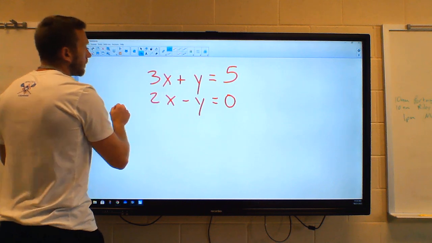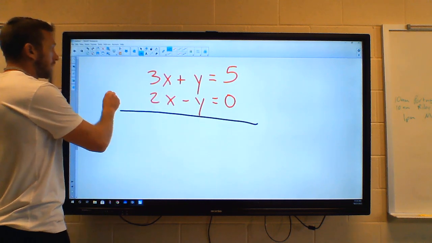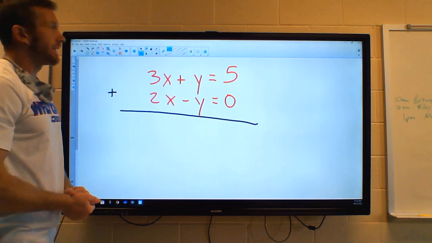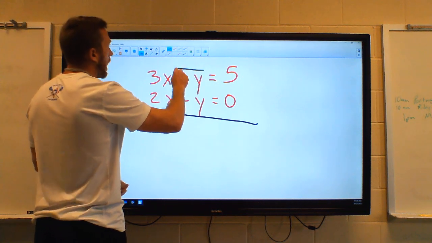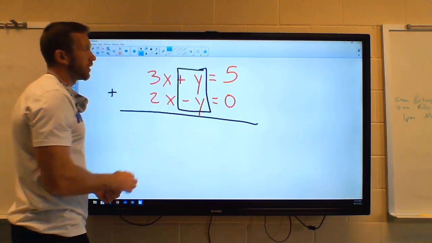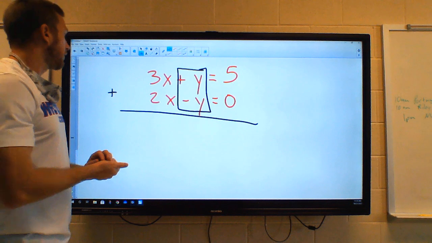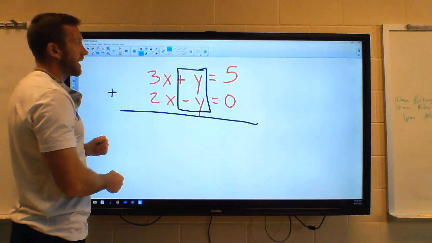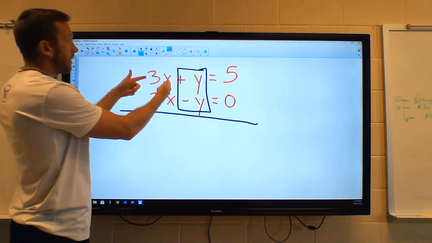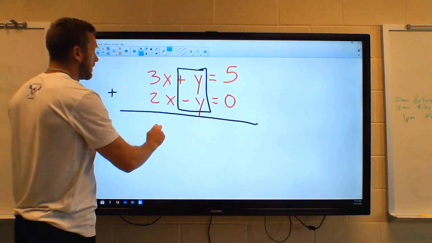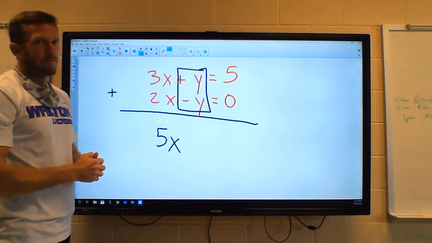So if you notice, if I were just to combine the equations as they are, something magical happens here with my terms of y. Okay, first off, if I combine the equations by addition, I can take 3x and add it to 2x to make 5x, all right?